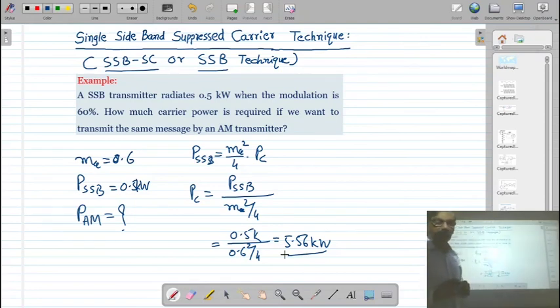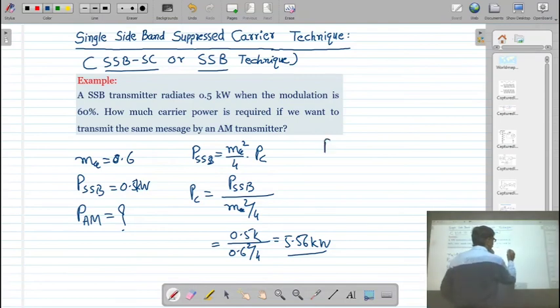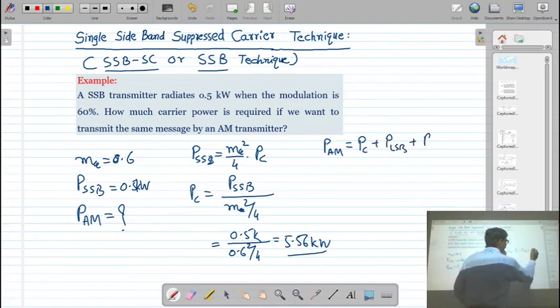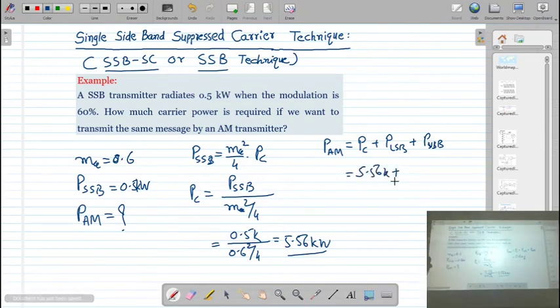Now you have to find out the total power for the AM transmitter. And for the AM transmitter, we know that power of the AM consists of the power of the carrier wave plus the power of the lower sideband and the power of the upper sideband. Correct? And therefore, this is 5.56 kilowatt. Now, what is the power of a sideband frequency? It is given. That is 0.5. PSSB means what?